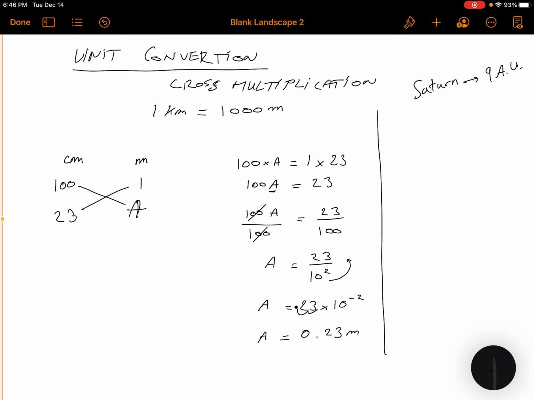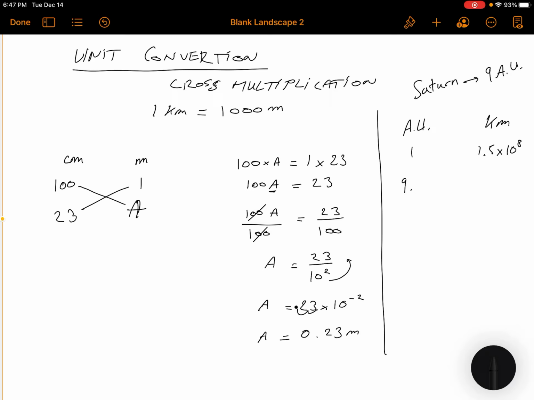So let's say that I want to go from AU to kilometer. I will build a column for AU and a column for kilometer. 1 AU, I know this is 1.5 10 to the 8th kilometers, and I know that Saturn is at about 9 AU.